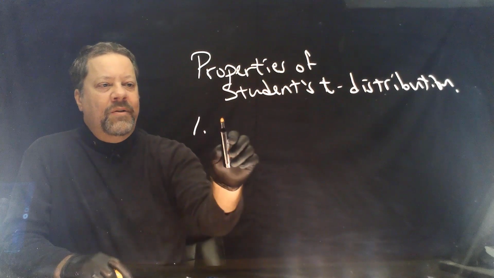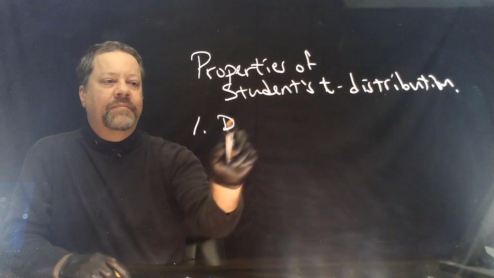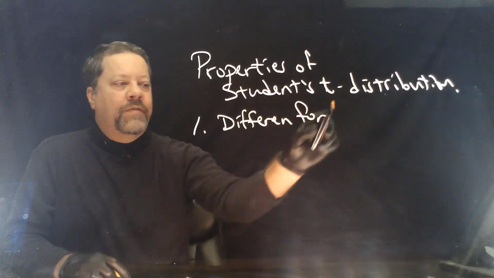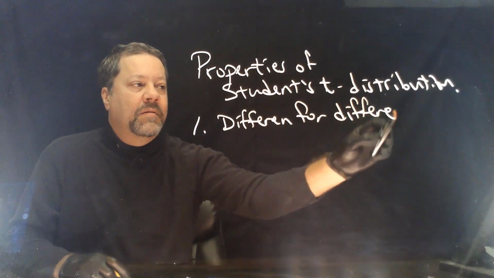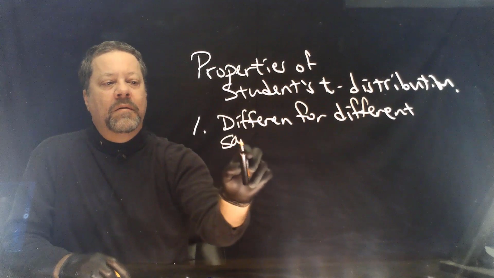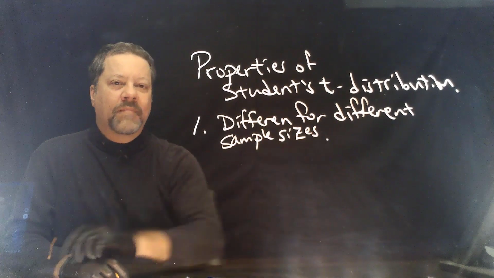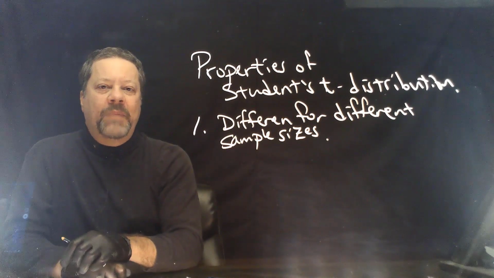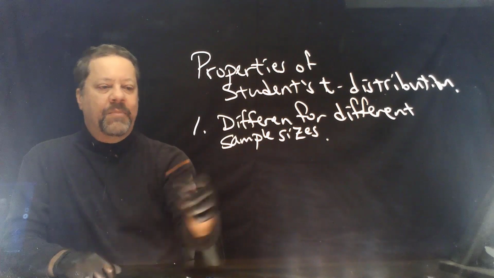First, you get a slightly different shaped curve for different sample sizes. They're tweaked ever so slightly differently, but that will have a significant impact on the confidence intervals that we produce.